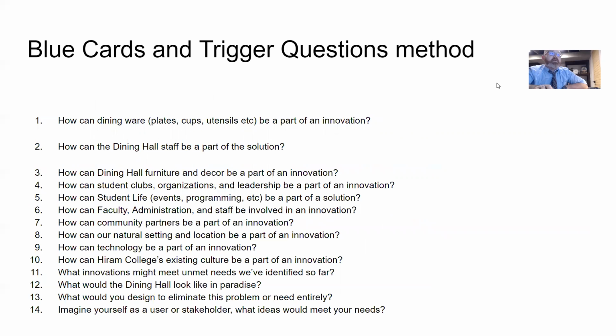So here's an example of what we did last year when we were doing innovation based on the dining hall. They were looking at the visualizations people put together, and they created questions such as, how can dining ware be a part of an innovation? How can the dining hall staff be a part of the solution? So they're just framing questions based on different groups or components of the problem as illustrated, from the pieces to the individuals.